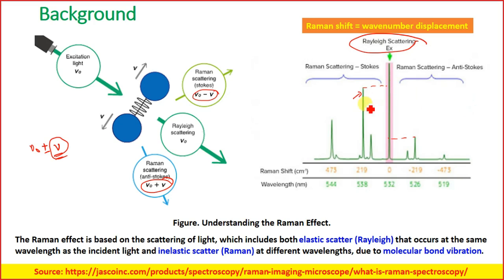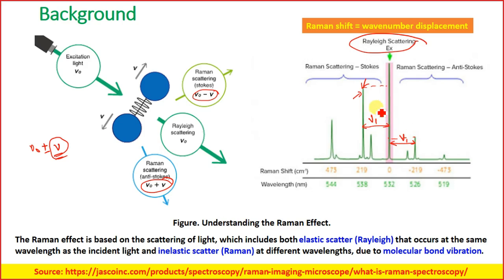If you see the distance between this sharp peak, which I am marking, and the Rayleigh peak, if I say this is mu1, this will also be mu1.